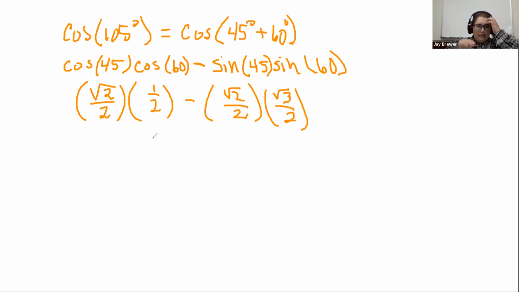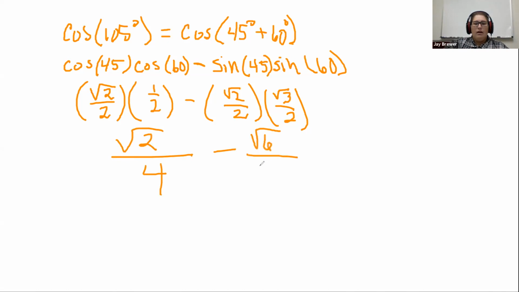Leave it the way it is until you get to the very end, and then you can reduce. Because if you reduce too early, you just end up getting frustrated, and then you have to work backwards. So leave it as unsimplified as possible, and then you can simplify in the end.